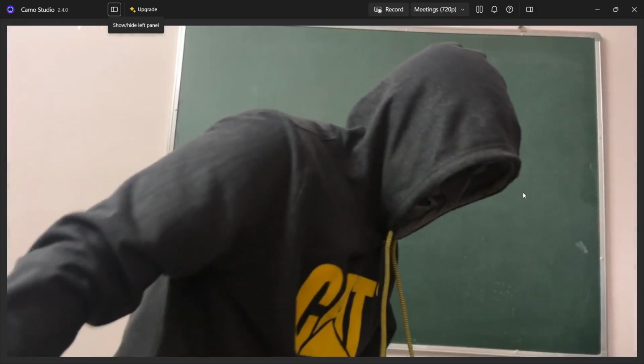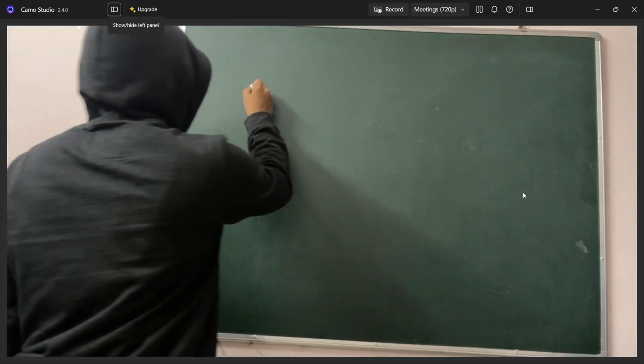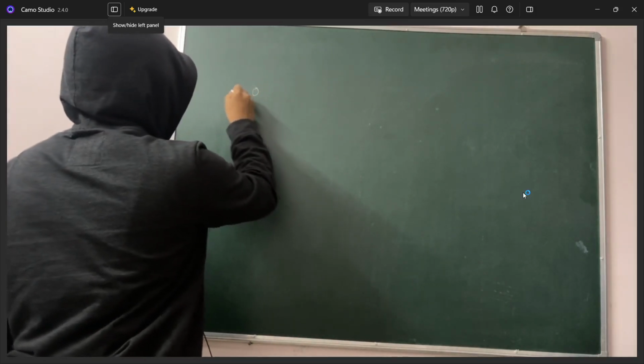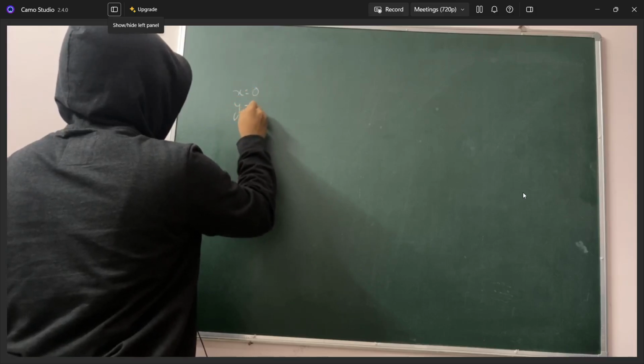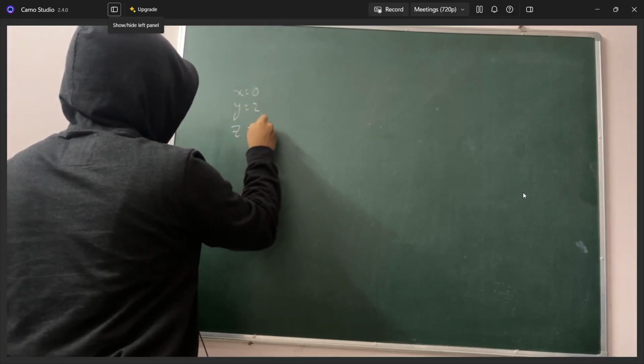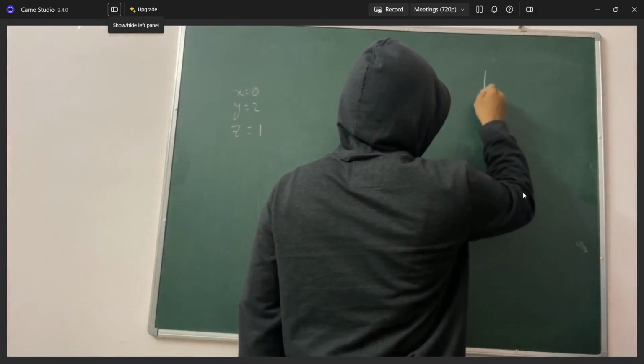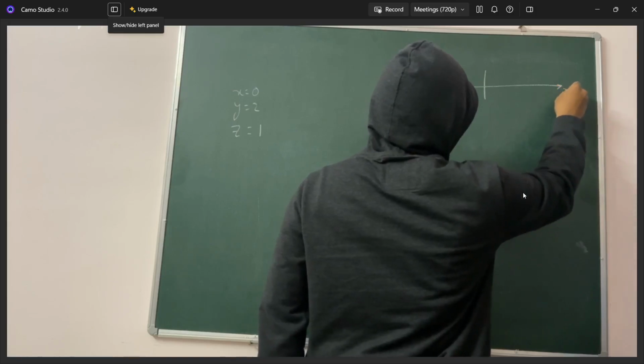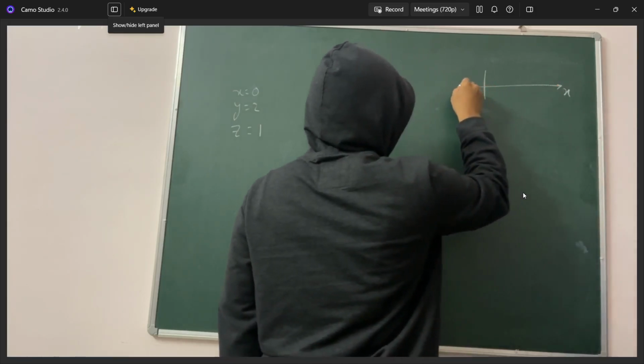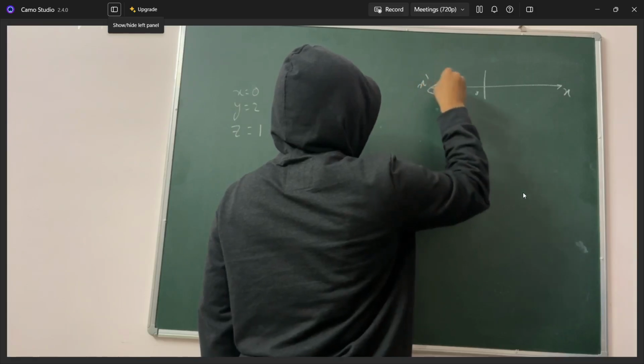So what they've given is 0, 2, 1, so Z is 1. In the question, we have the X-axis. This is, as you guys know, the X-axis, and this is X dash.